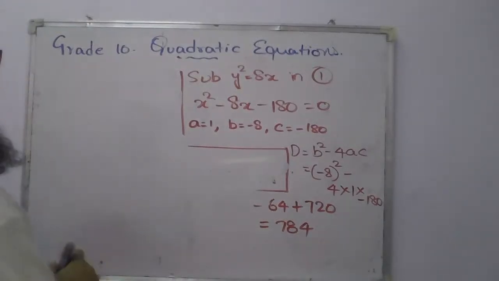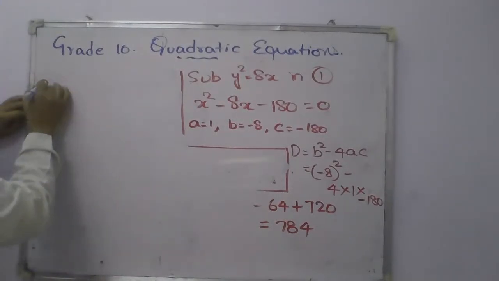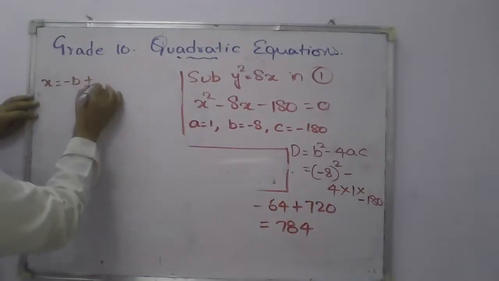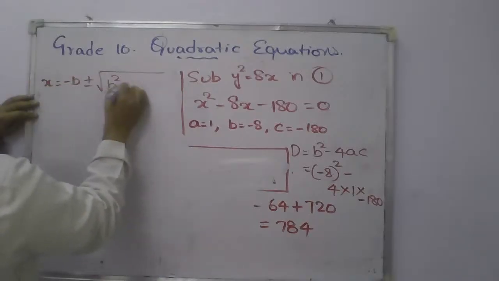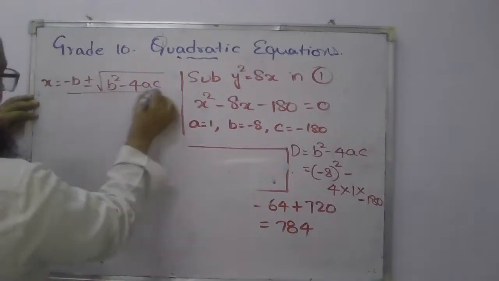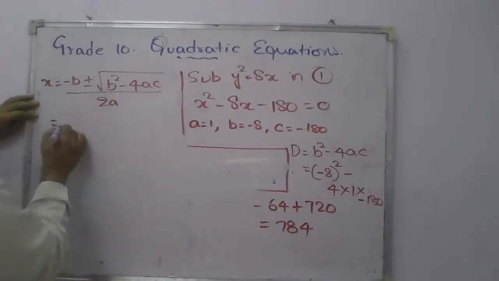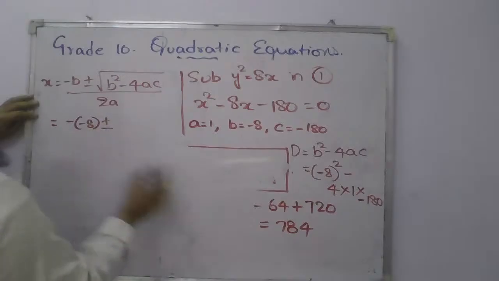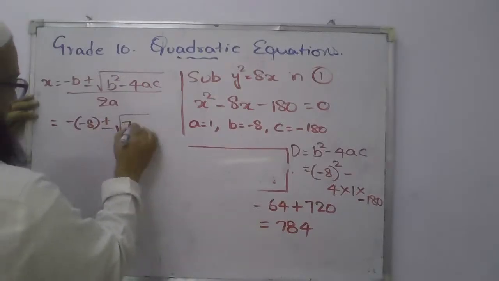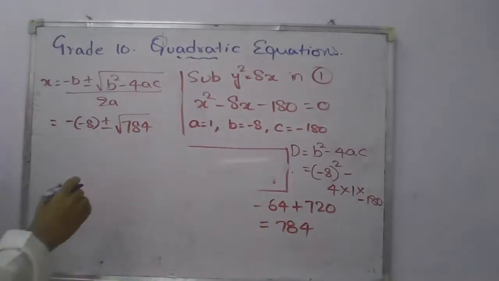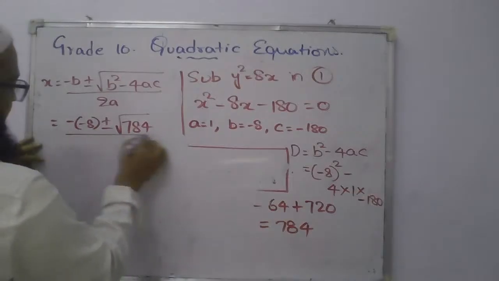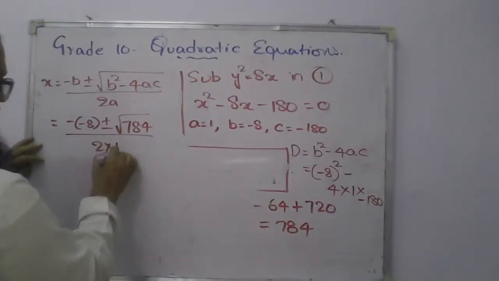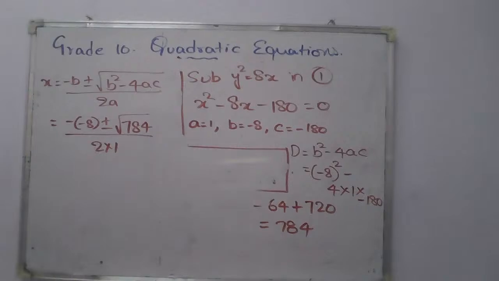Take the screenshots if you want. So x is equal to minus b plus or minus square root of b square minus 4ac, divided by 2a. So minus, what is b? Minus 8, plus or minus square root of 784, divided by 2 times a. 784, is it the square of 38?